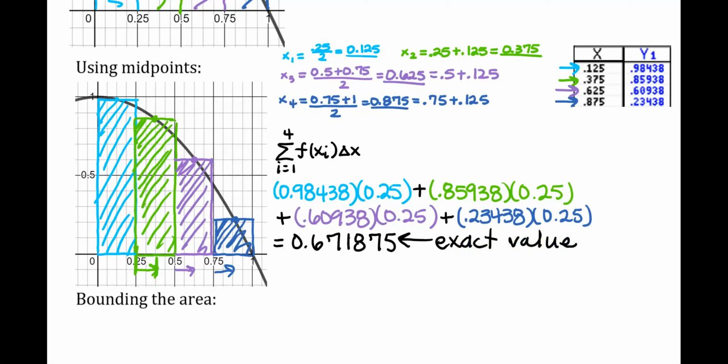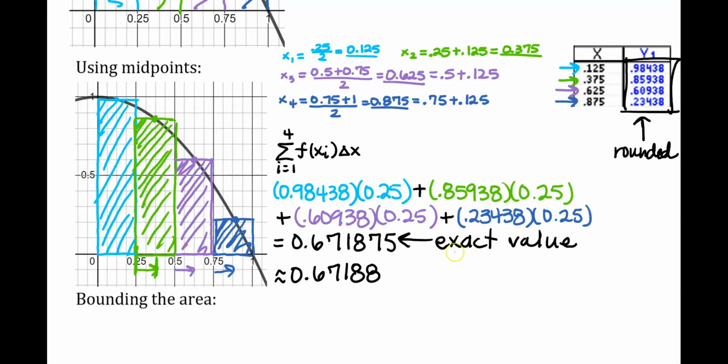And if you're not getting this exact value, this is the exact value of the sum of the area of these rectangles, your calculator is probably giving you 0.67188. You have to remember that these values here, those are rounded. And so because those are rounded, this answer is coming out a little bit rounded. But either one of these answers I would accept as full credit. I understand that the calculator rounds the heights of these rectangles, and so by default your answer is going to come out a little bit rounded.